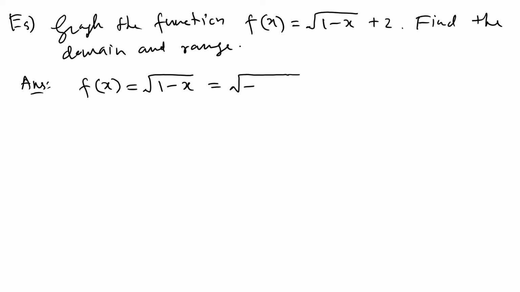Once you put the negative sign inside, you can write this as x minus 1. When you simplify, you get the exact same thing. Now it is in standard form, and you can see the horizontal shift to the right, and also the horizontal reflection because of the negative sign.